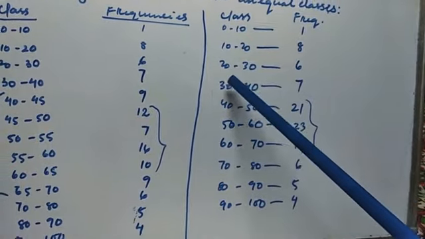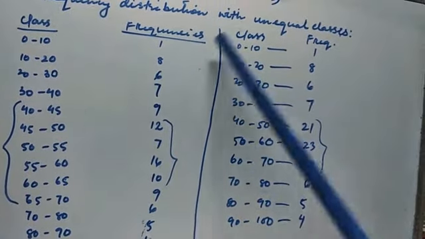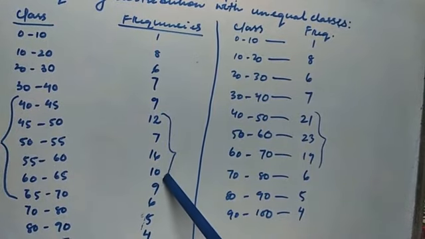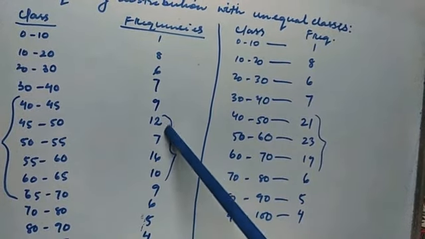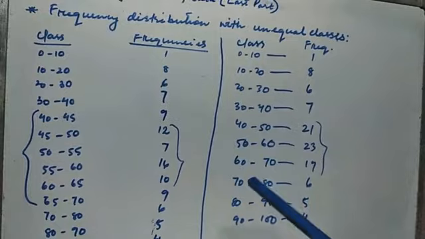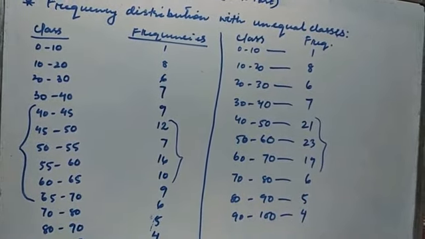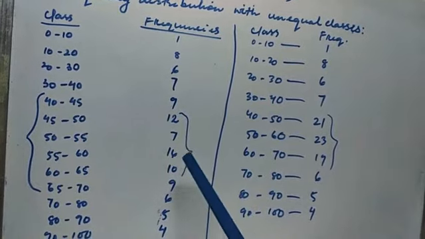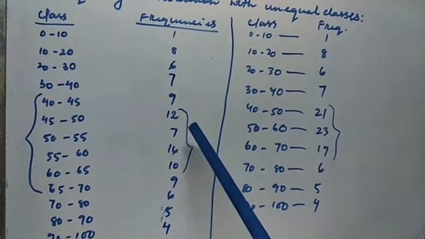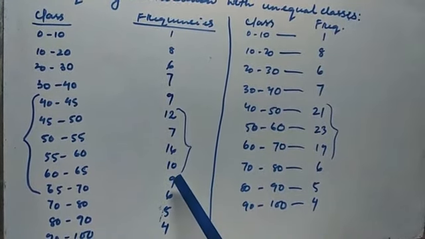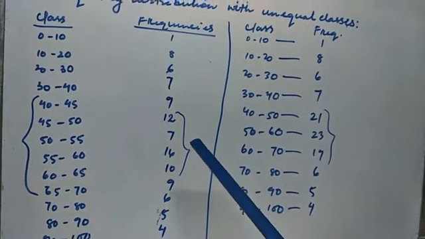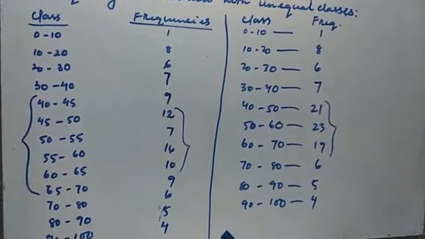When we break up, or do the unequal class method, the concentration of the observations is spread out, thereby reducing the loss of information. When we break up these frequencies into smaller ones, we are actually reducing the loss of data, which means your class mark will also change.